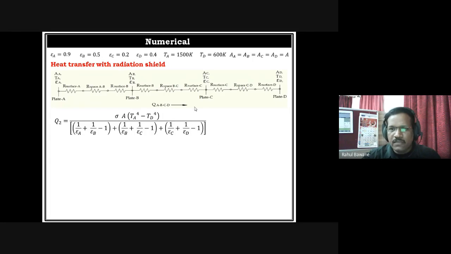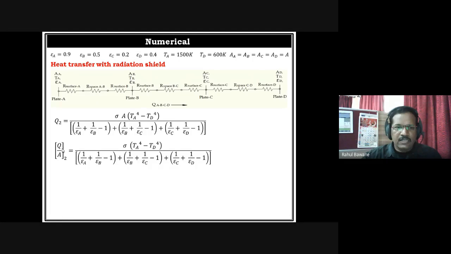So it is not required to simplify this again, finding all individual resistances and coming back to this final form. Whenever it is asked, hereafter we will use this standard form. Here also we don't know the area, so we shift area and calculate Q by A for the second case.